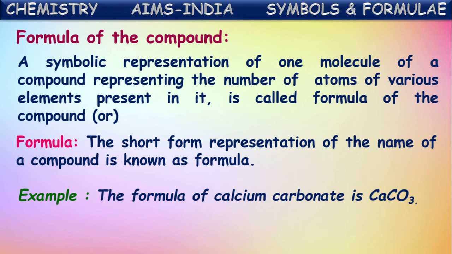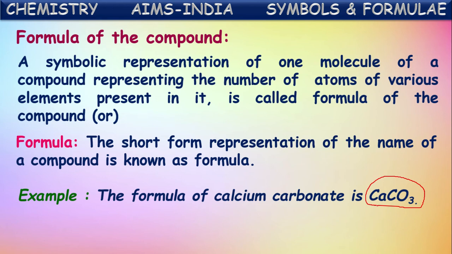For example, the chemical formula of calcium carbonate is CaCO3. So instead of writing calcium carbonate in chemical reactions, we can simply represent it with CaCO3. This also represents the same calcium carbonate. This CaCO3 is a shorthand notation of calcium carbonate.